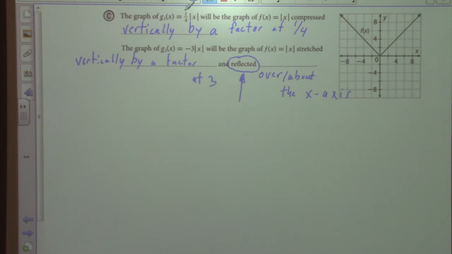And then as far as what they look like here, you have to look at this 1/4. What else could we call this thing besides a factor, besides a fraction, besides a number? What role does this play in the language of linear functions?